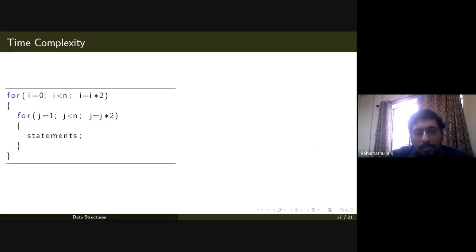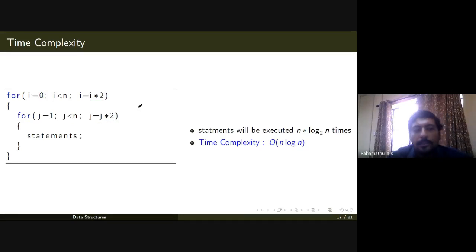This is another nested for loop in which we have i less than n, i equal to i into 2, j less than n, j equal to j into 2. Then this will be taking how many times? And there is a small mistake here as well. Let's say this is i plus plus.